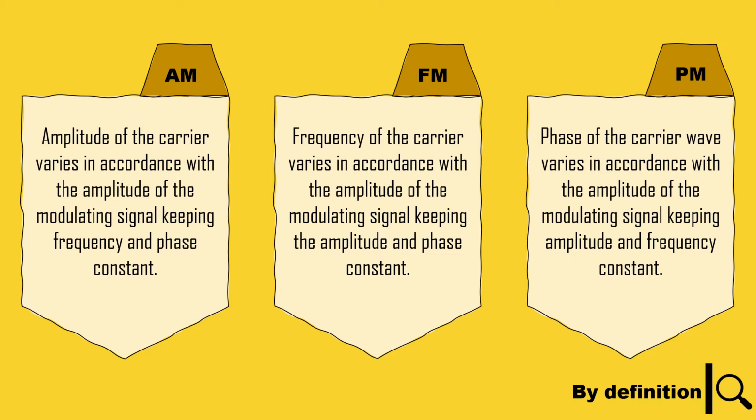In frequency modulation, the frequency of the carrier varies in accordance with the amplitude of the modulating signal, keeping the amplitude and phase constant. And for phase modulation, the phase of the carrier wave varies in accordance with the amplitude of the modulating signal, keeping amplitude and frequency constant.